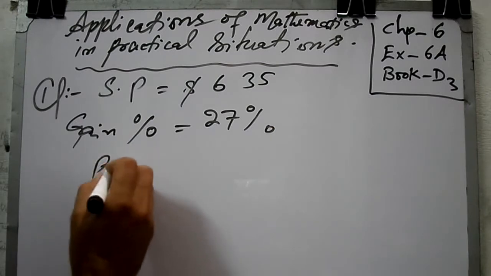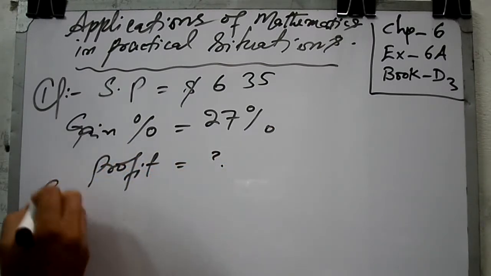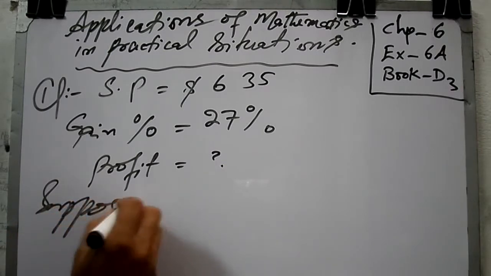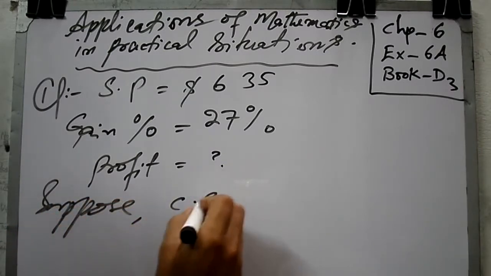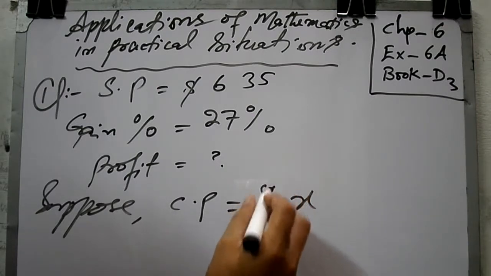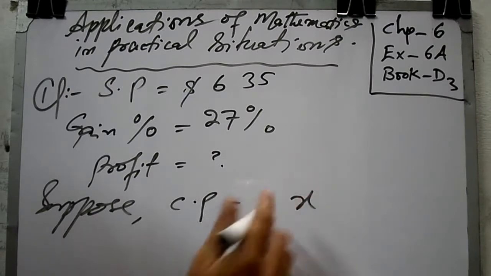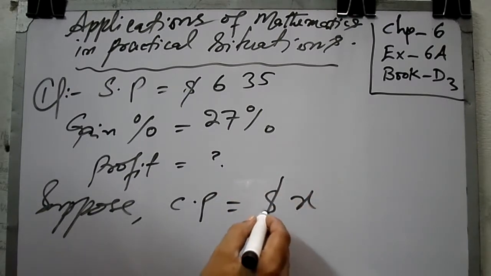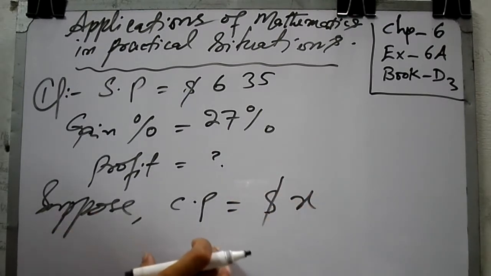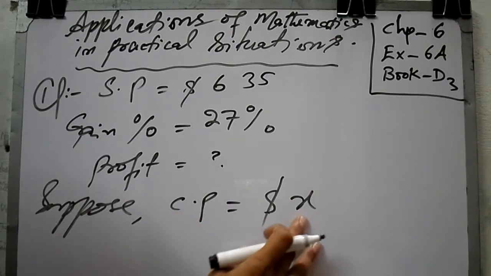Profit we have to calculate. Suppose that cost price is equal to $X, because often we suppose that cost price is $X. It should be noted that when you take the supposition, cost price we often take as X.